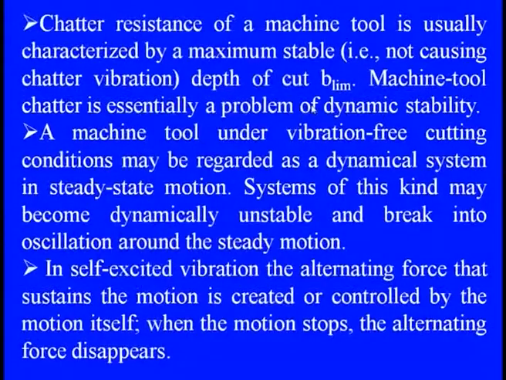So, in the self-excited vibration, an alternating force that sustains the motion is created or controlled by the motion itself, and when the motion stops, the alternating source generated to control this oscillation immediately disappears.